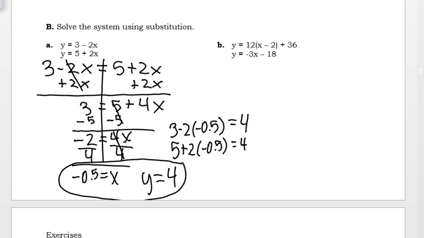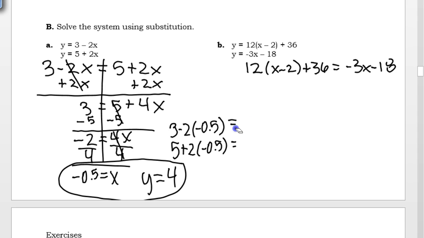Letter B is the same, but there's a lot more to it because my first equation is in point-slope form instead of slope-intercept form. So I'm going to need to distribute and combine like terms to get that in the right format before I can do what I'm doing on my last question. I think I'm going to erase this just because I need a little bit more space.